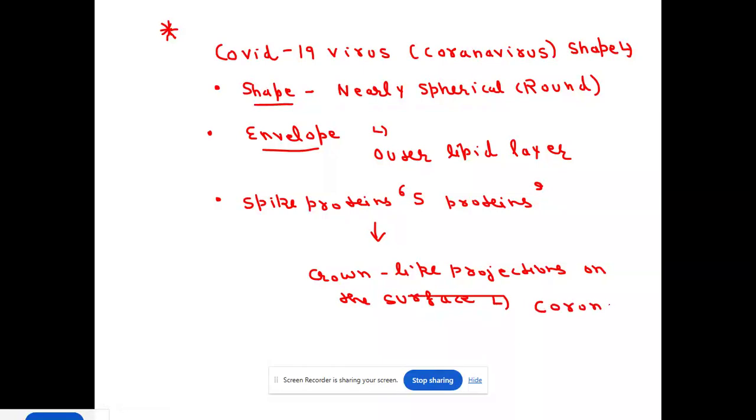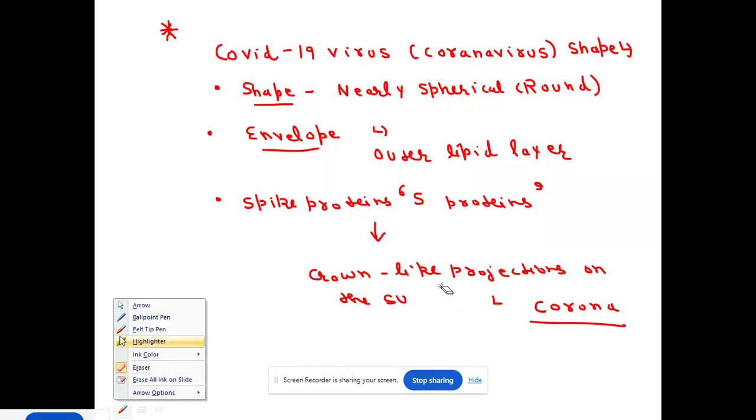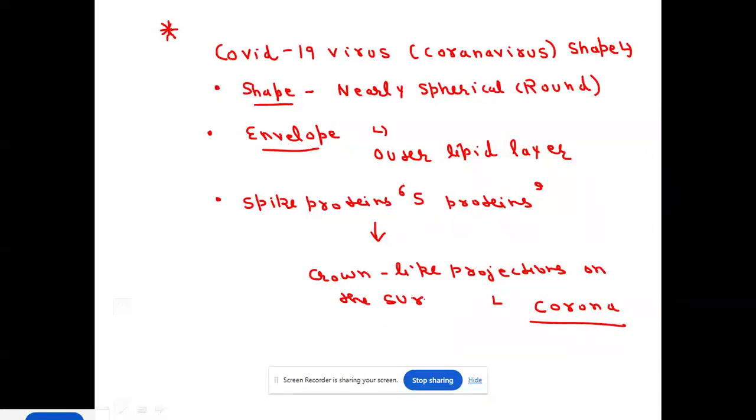Corona. Crown-like projections are there, that's why it is called corona. We are using the word corona here.